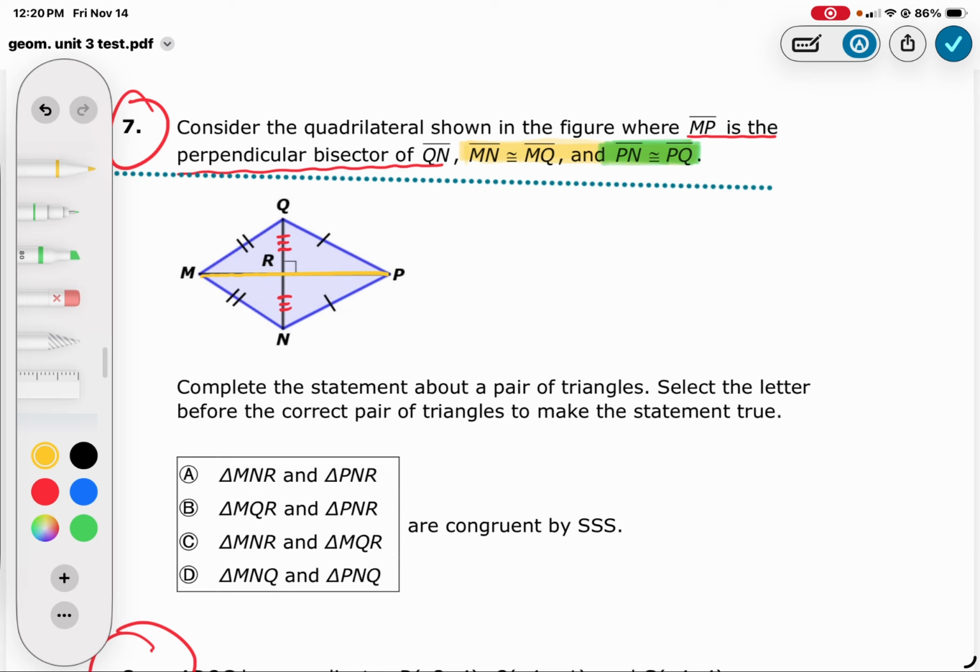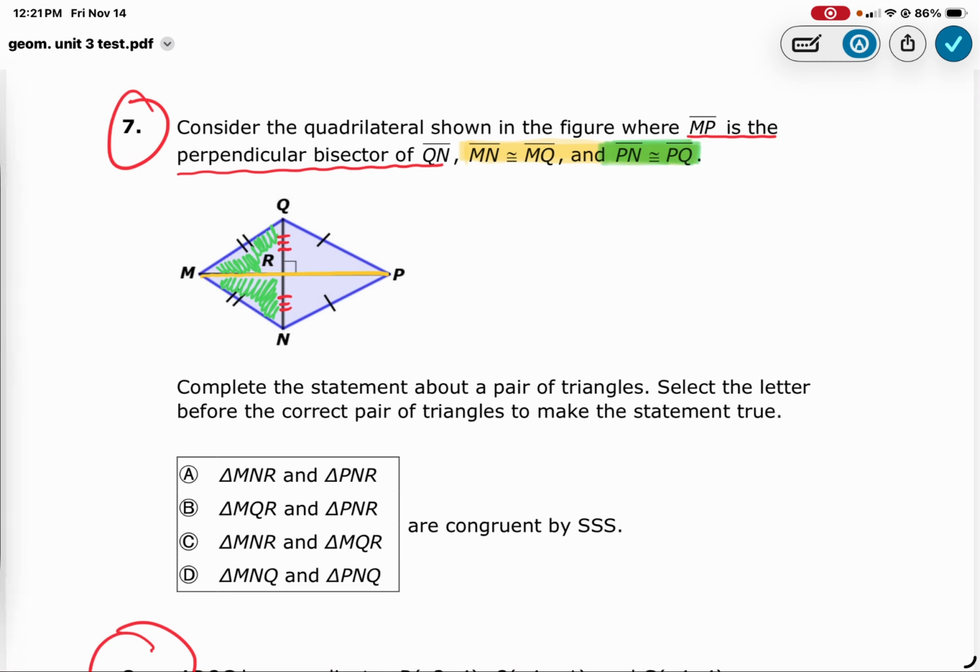Now, from M to R, that is shared between triangle MRN and triangle MRQ. Okay? So, in other words, these two triangles right here are congruent.